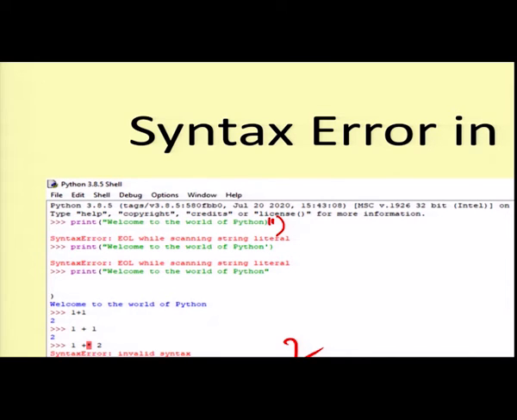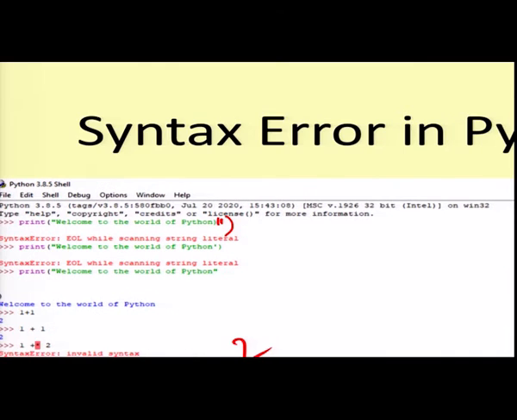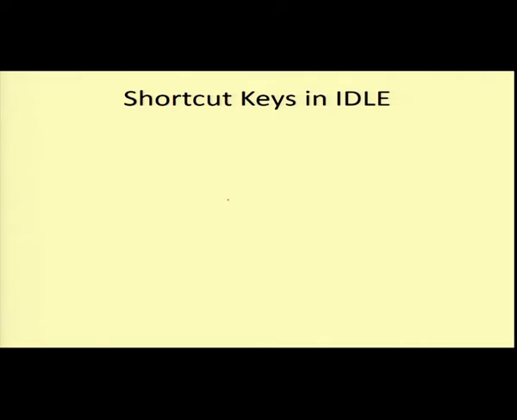Whatever is required for the coding, only those shortcut keys we will be having a look at. Many of you, my dear viewers, would have worked with Microsoft Office Word, MS Word, so most of the shortcut keys are related to the shortcut keys used in MS Word too.